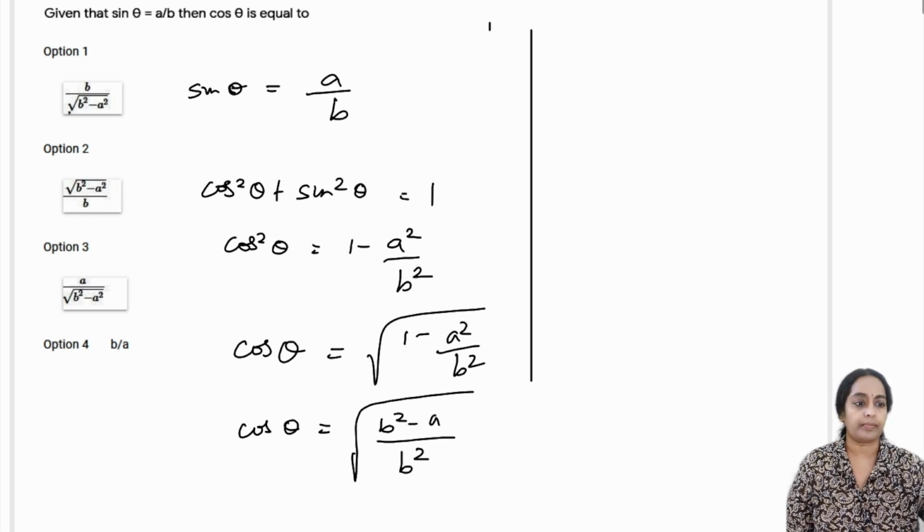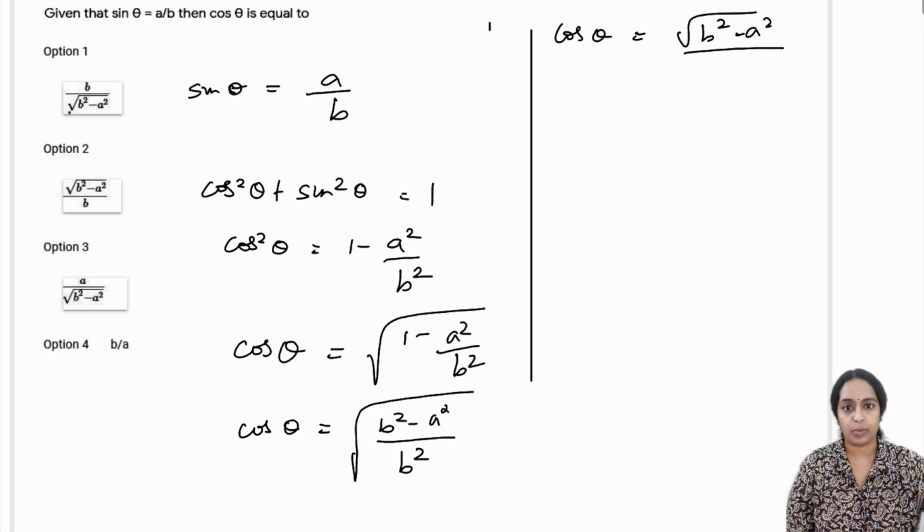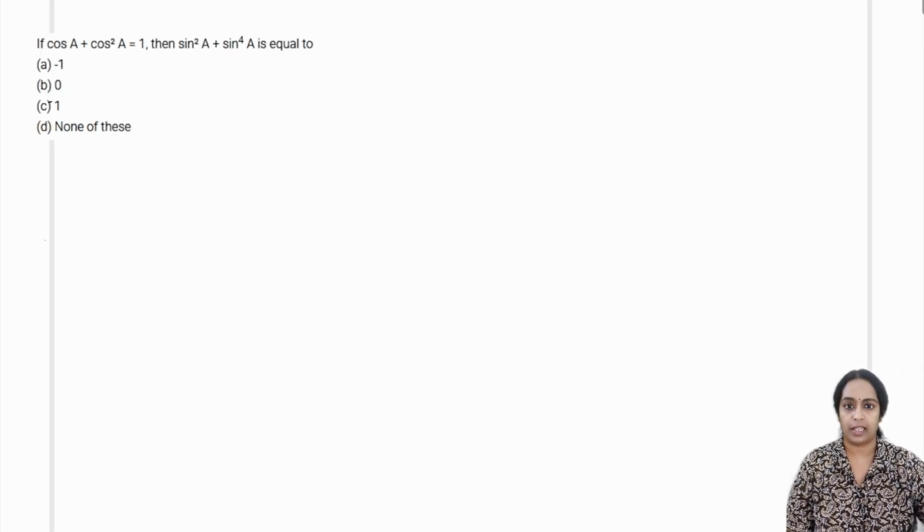Now, cos theta will be equal to square root of B square minus A square divided by, denominator we have square root of B square, square and square root gets cancelled. So we have only B in the denominator. So this is second option, square root of B square minus A square by B. Second option is the correct answer. Moving on to the next question.